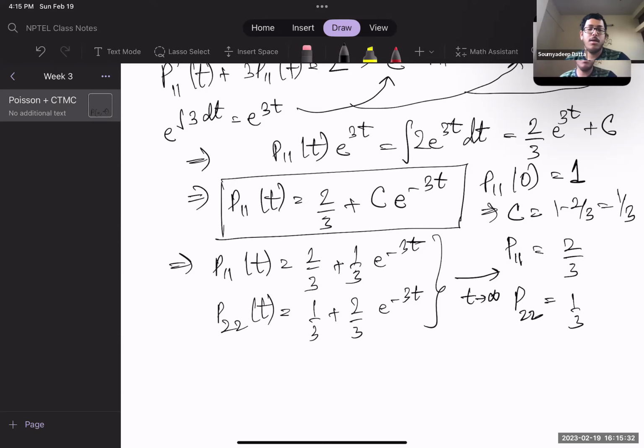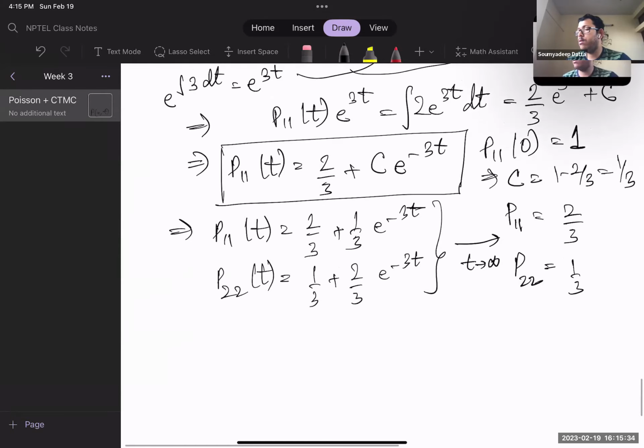Let's say you have a state space. In a Markov chain, you have some set of values. Your variable is i, and this i belongs to some set of values S. You want to find the values pi_i, the probability at infinity.